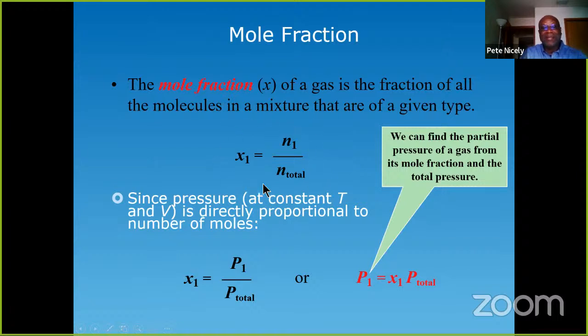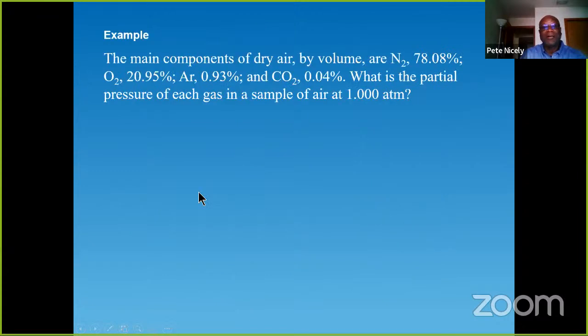You can calculate it directly from the definition, or in the case of gaseous mixtures, you can calculate it based on the pressure of a particular gas divided by the total pressure of the gaseous mixture. And we can rearrange this equation to find the pressure of a particular gas if you know the mole fraction and the total pressure of the gaseous mixture, all right? So that's basically what mole fraction is all about.